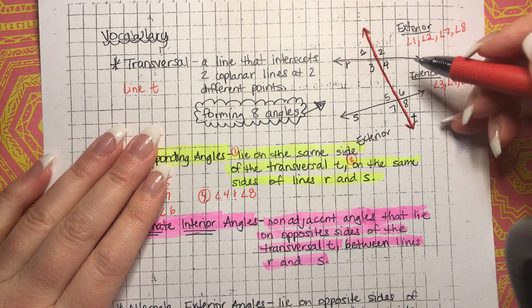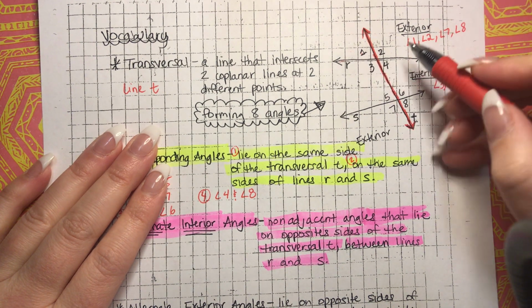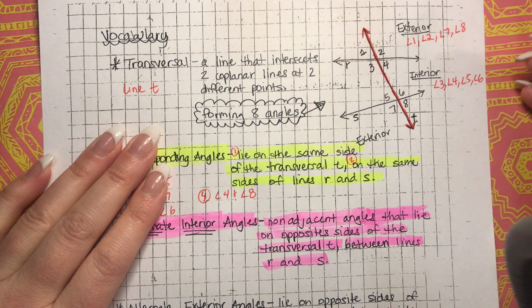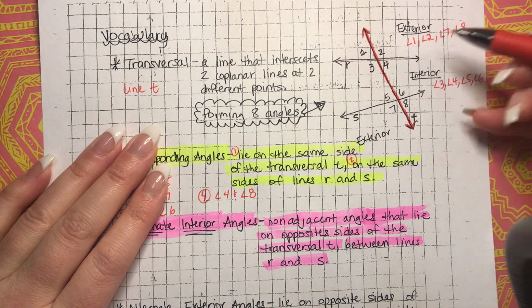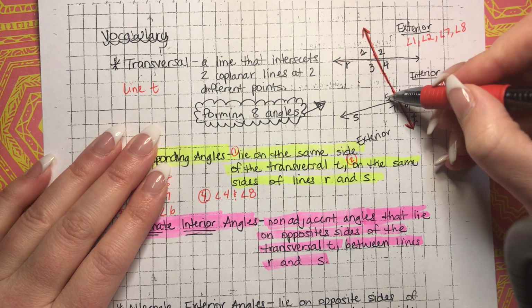But they have to be on opposite sides, they're not adjacent, so that means 3 and 4 can't be alternate interior, and 5 and 6 can't be. So they're interior angles that are alternate, so they have to be on opposite sides of the transversal.